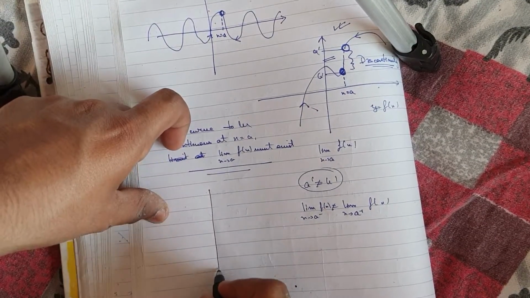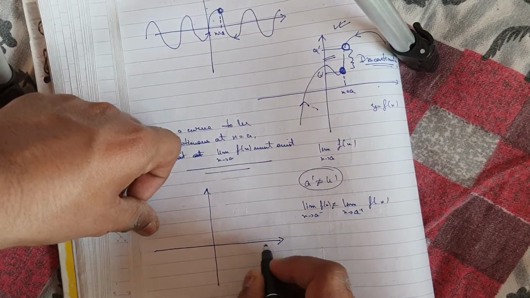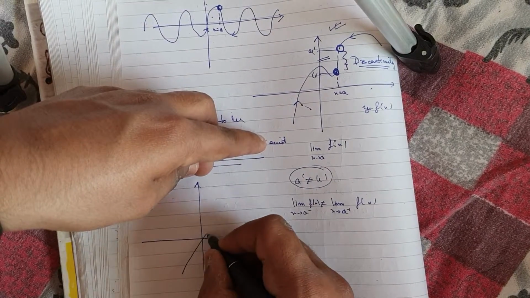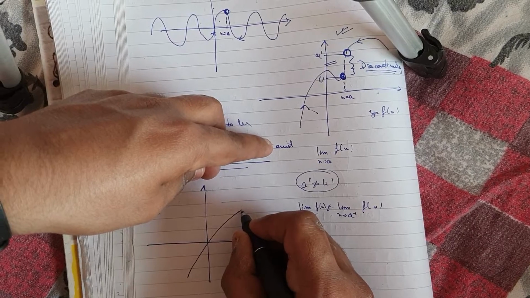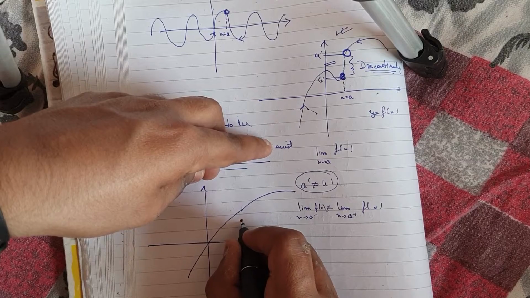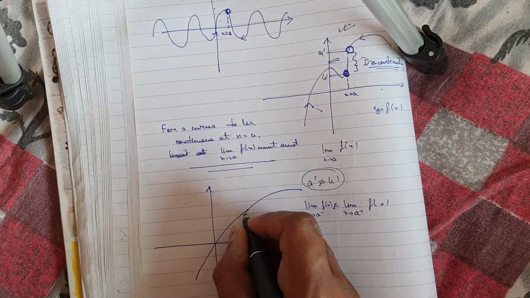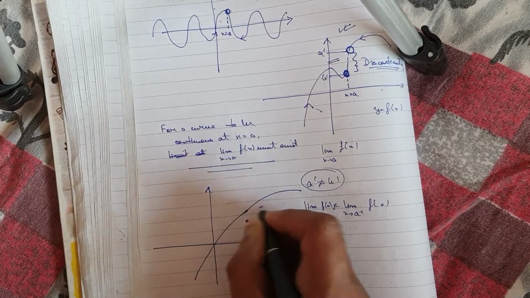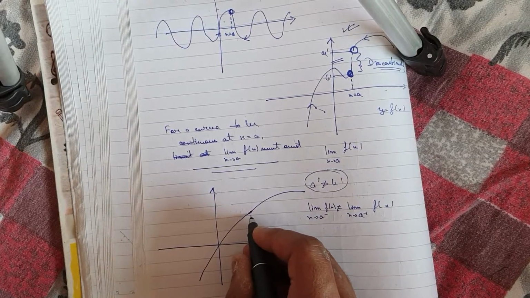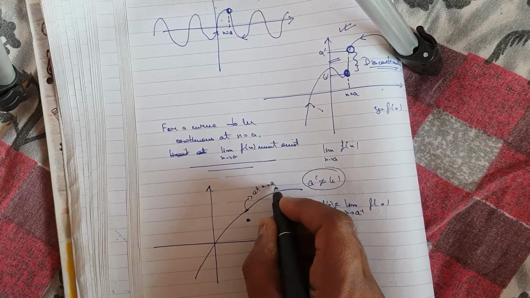Suppose you have a curve like this, say like this. Now these two curves are very close, with a little gap in between them. And where is the gap? This gap is at x equal to a.